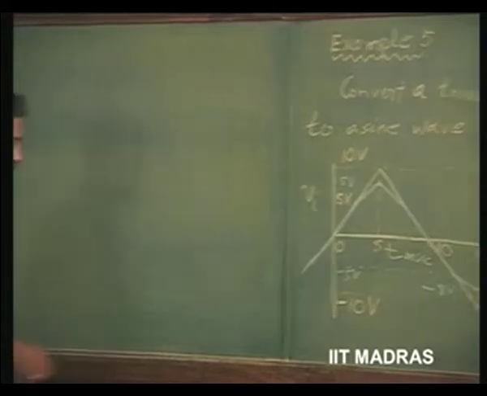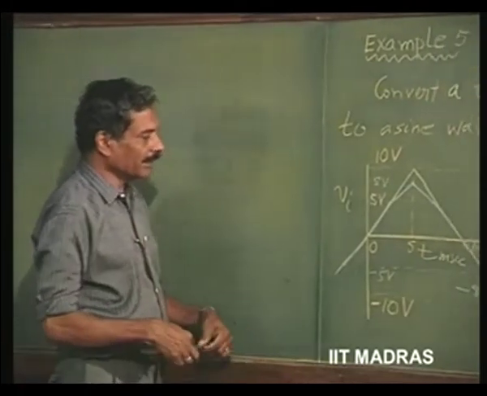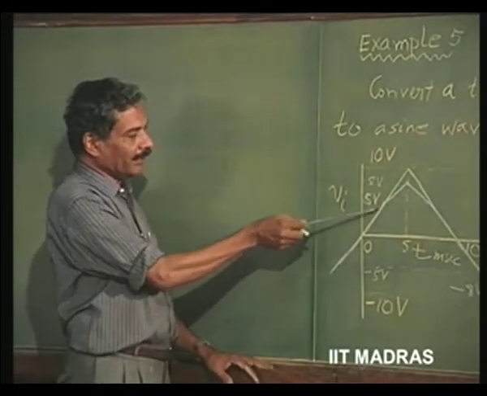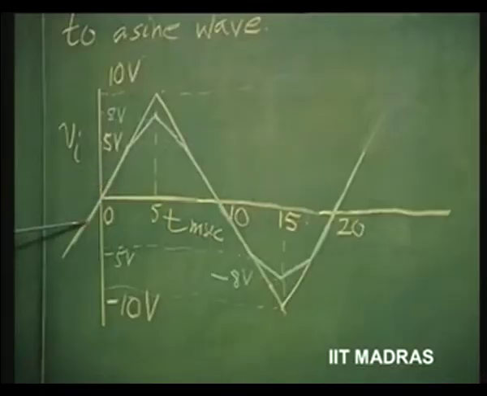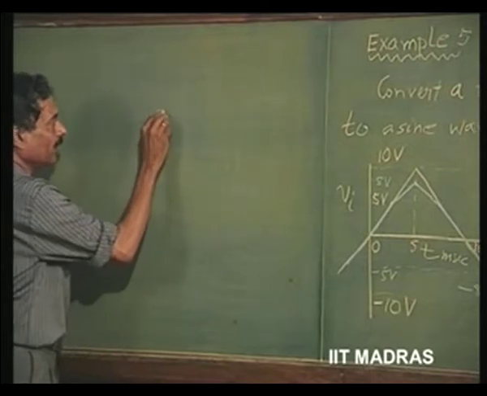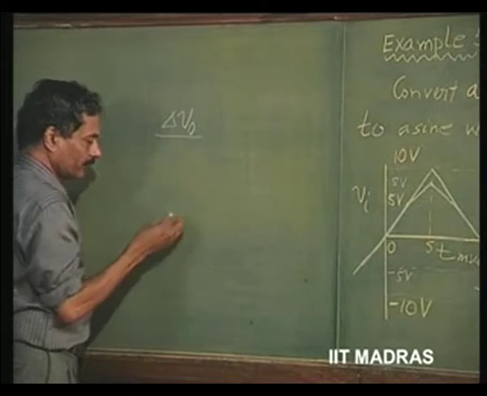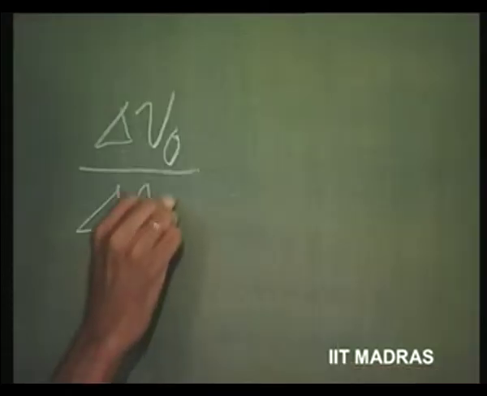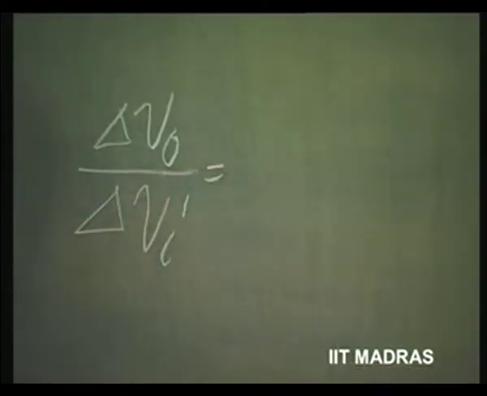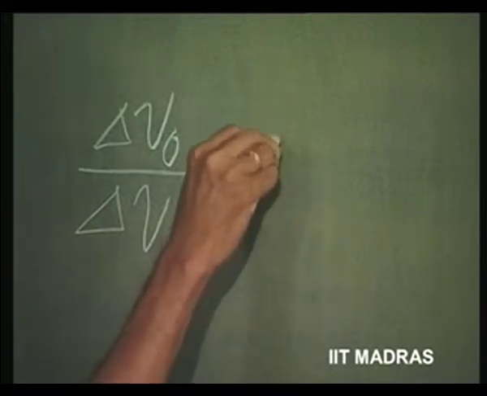So, how do I go about doing it? Let us examine the thing here. At this point where the input voltage is around 0, both positive or negative, the slope of the triangle is the same as the slope of the sine wave approximation, which means for a change in output voltage divided by a change in input voltage, this is going to be on.